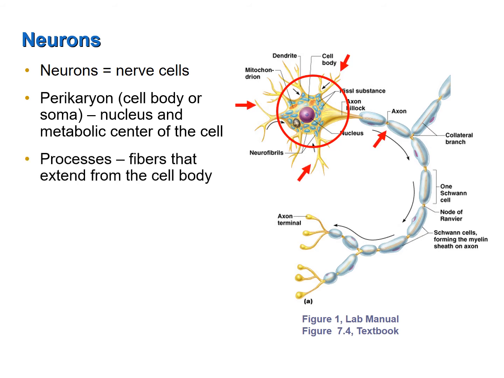Extending from the perikaryon or cell body are the processes. These are fibers which extend from the cell bodies, and these fibers have names based on their functions.